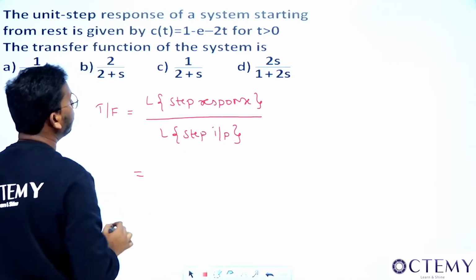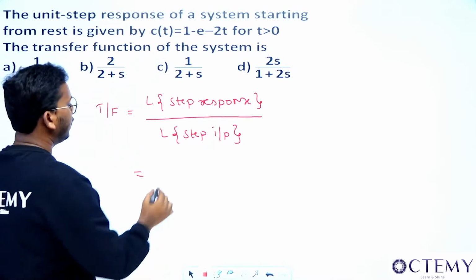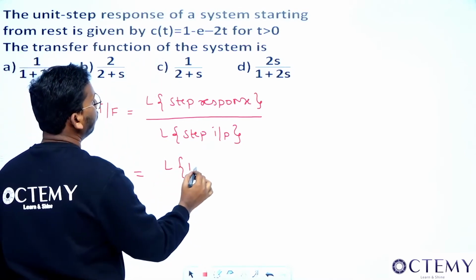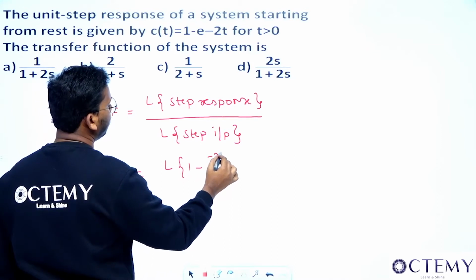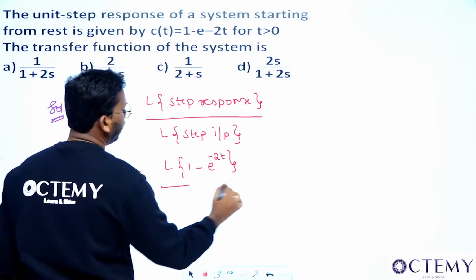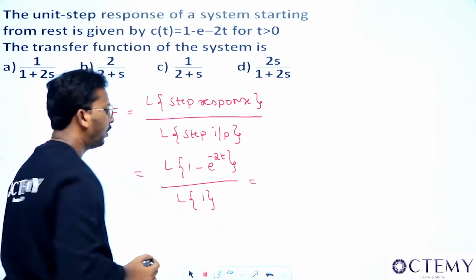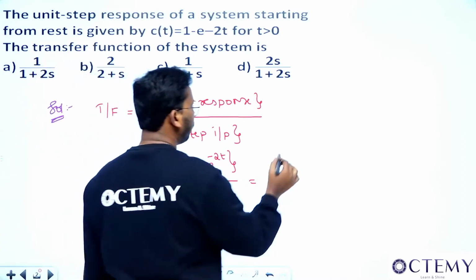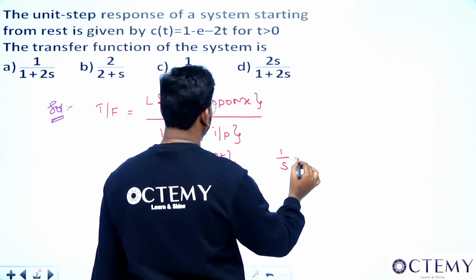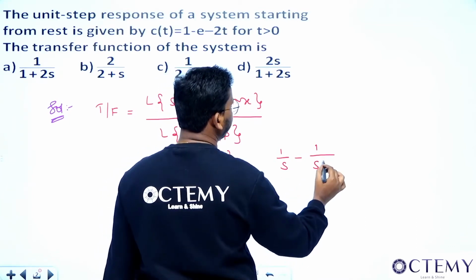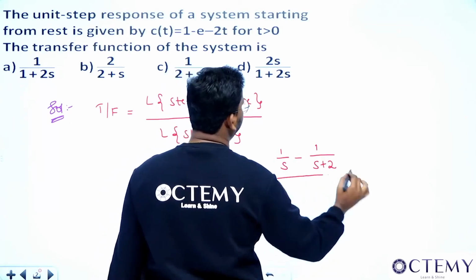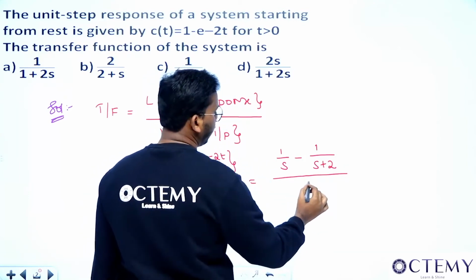So what is this Laplace of step response, sir? That is Laplace of 1 minus e power minus 2t, divided by Laplace of 1. Laplace of 1 is 1 by s, minus 1 by s plus 2, whole divided by 1 by s.